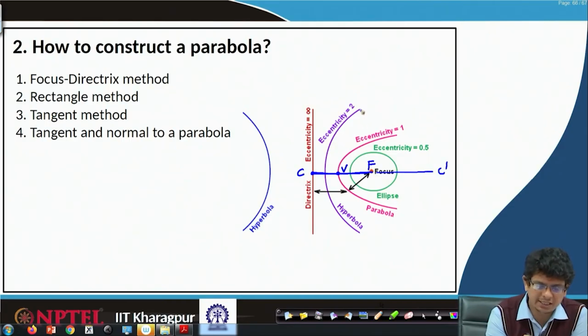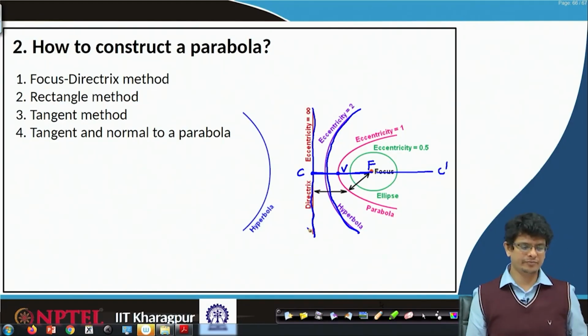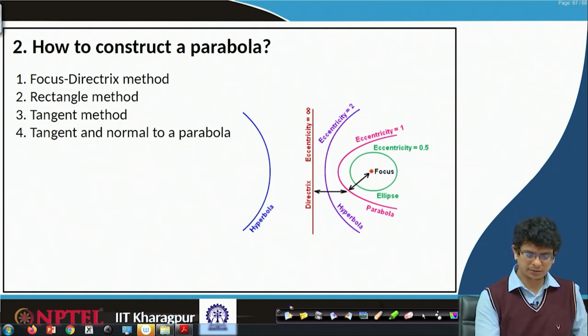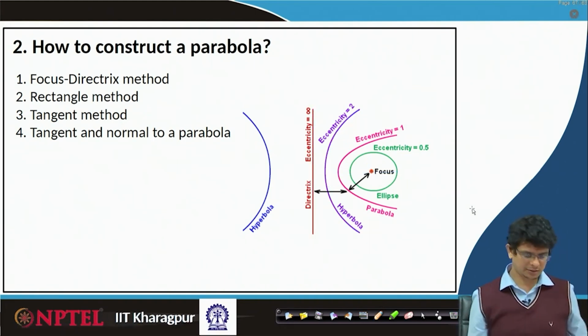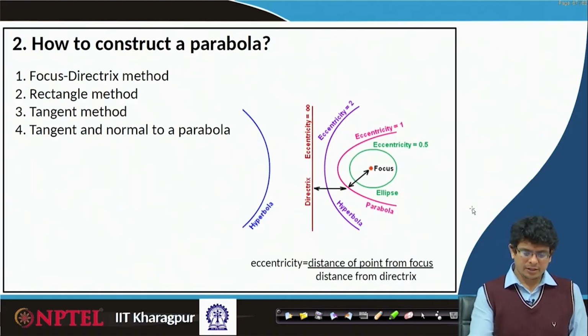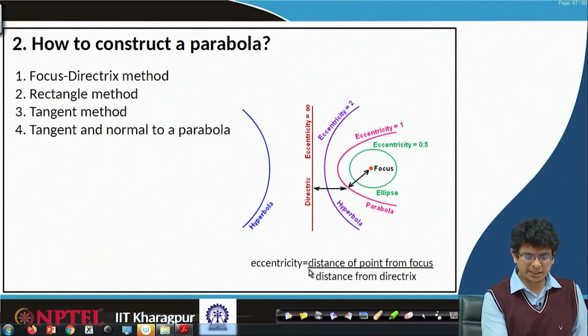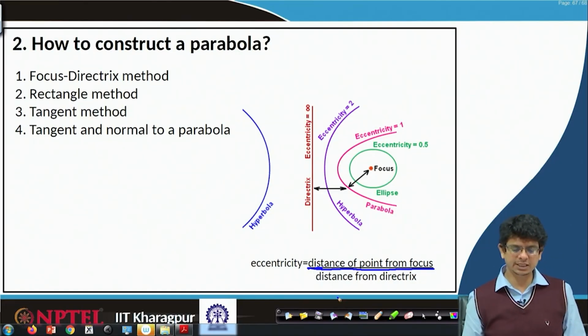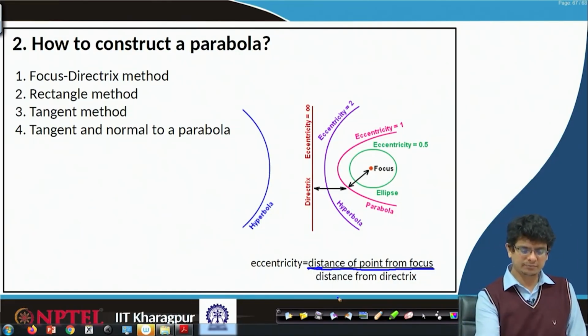Further increase in eccentricity, one will get a hyperbola. Infinite eccentricity is the vertical line or this straight line. We have already learned eccentricity is the distance of a point from the focus to its distance from the directrix.